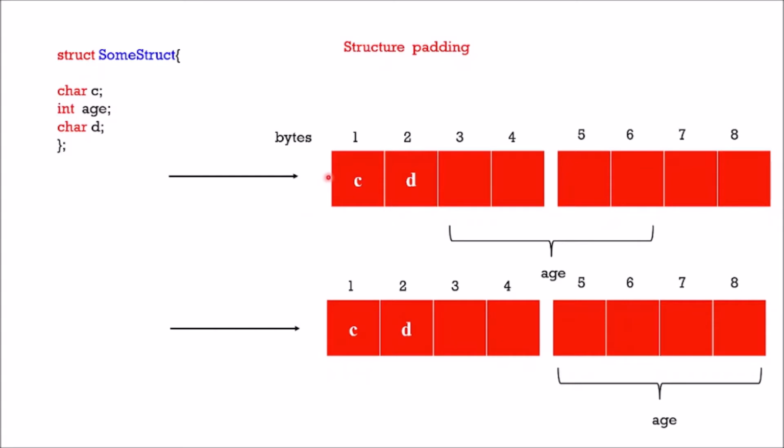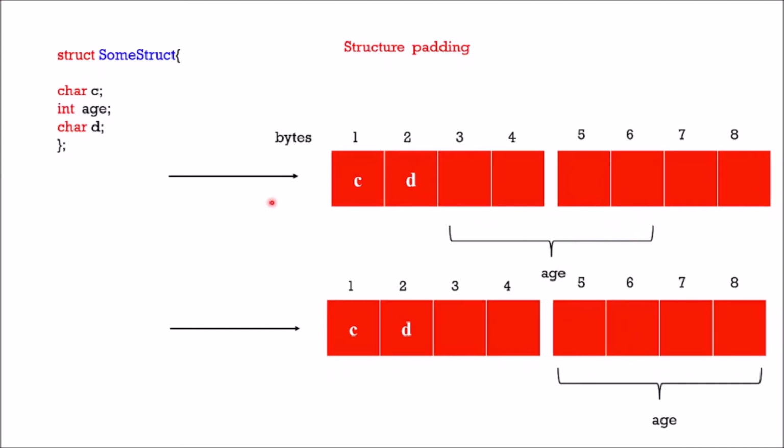It can read just 4 bytes at a time. So in the first cycle, it will read character C and D, but for the integer age, it will be able to read just half of this integer age. As you can see, just the first 2 bytes of the 4 bytes. So you will have to read in a single cycle the other remaining half of this integer age.